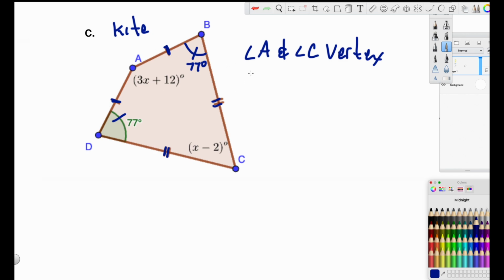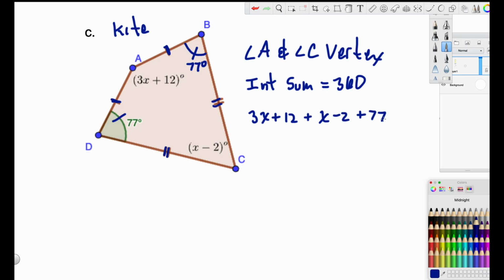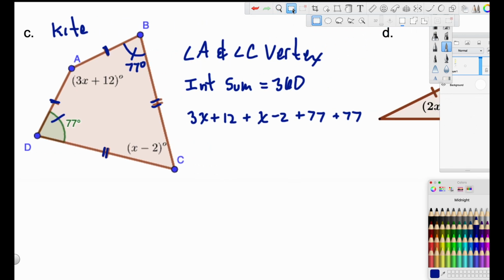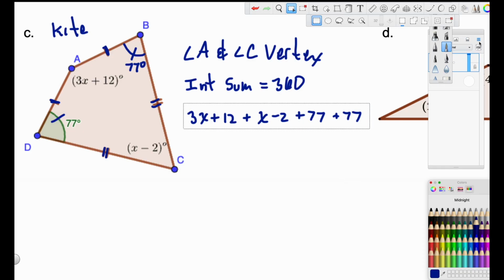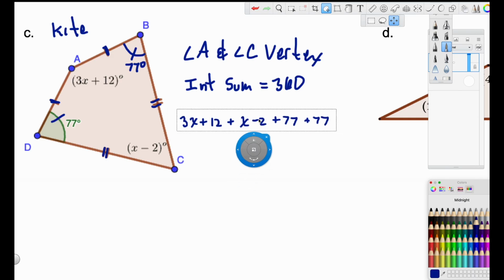Now the kite is also a quadrilateral, and that means that the interior sum is 360. And so I have this expression for angle A, this expression for angle C, and I already know these two angles. So we can just add all four angles together and set it equal to 360.